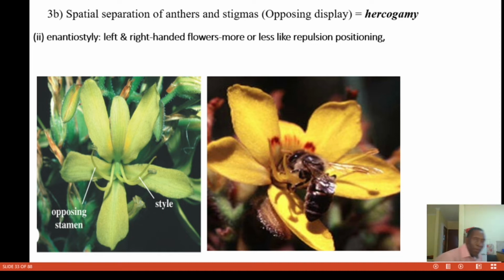And so they have no sexual interest in each other. That is achogamy that is known by the terminology enantiostyle, left and right-handed flowers, more or less like repulsion positioning.